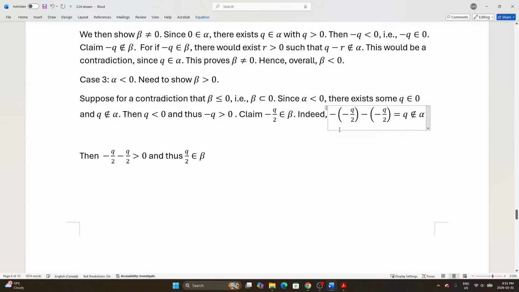So that's basically done. The opposite of half Q, subtracted by a positive rational, is not in alpha.